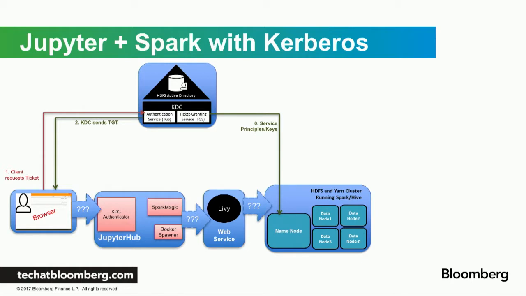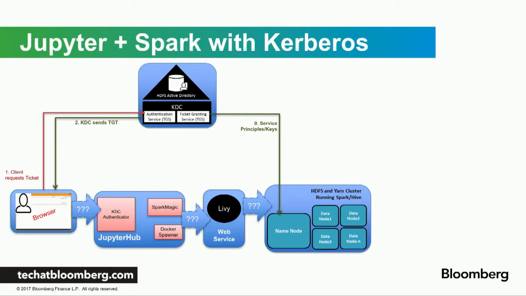Now let's explore the new communication bridge between the browser and JupyterHub, and then Spark Magic to Livy. The difference is now we have more authentication points, which you can see. The browser needs to authenticate against JupyterHub and Spark Magic needs to authenticate against Livy, and all of these have to work with Kerberos seamlessly.